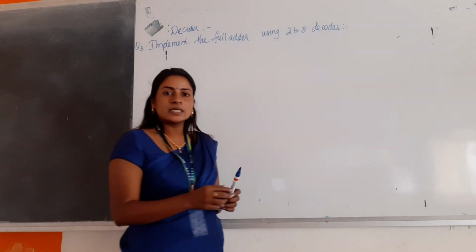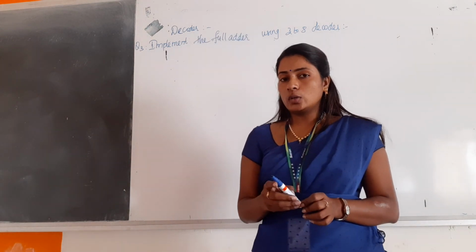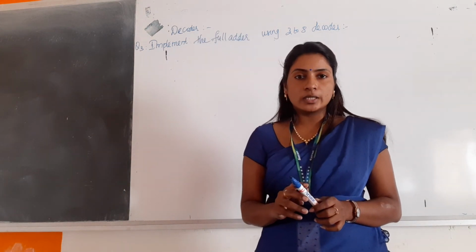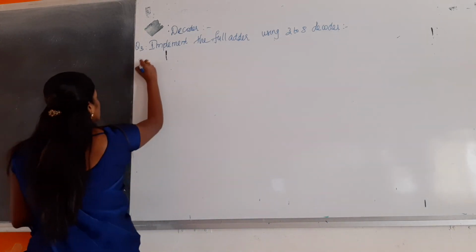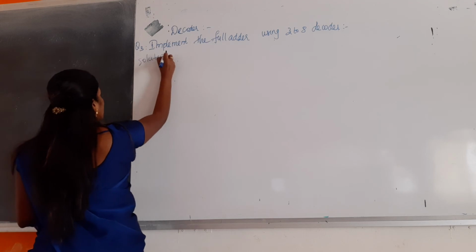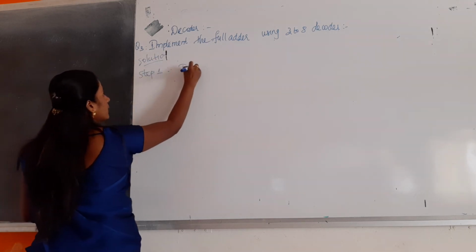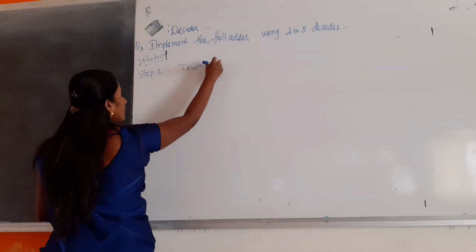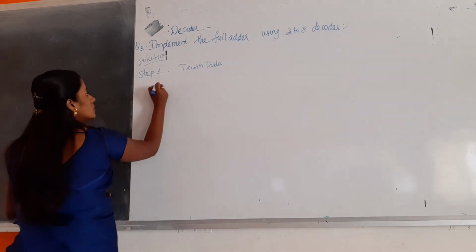Next, third question. Implement the full adder using 3 to 8 decoder. Full adder inputs are 3, A, B, C. Okay. So first step is the truth table. We have to form the truth table for full adder. Okay.